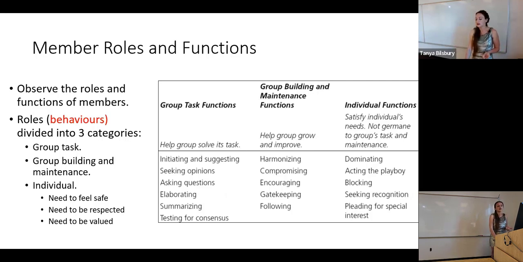Then there are things that people do in groups that are not functional for the group, by which I mean they don't help the group achieve the task that is the shared goal and the reason for the group's being. And those are about some kind of individual needs.